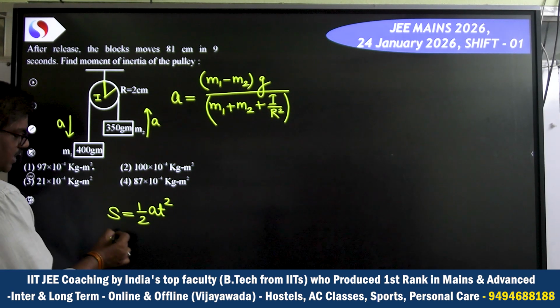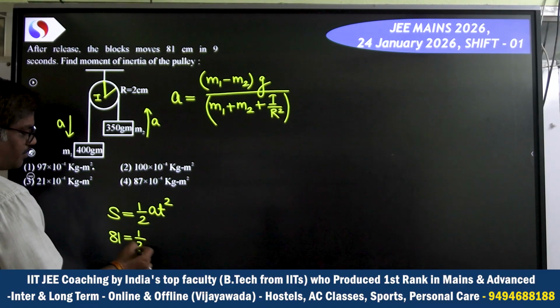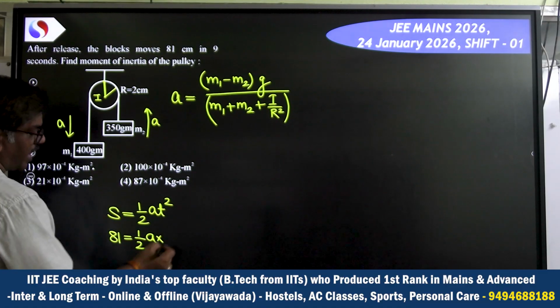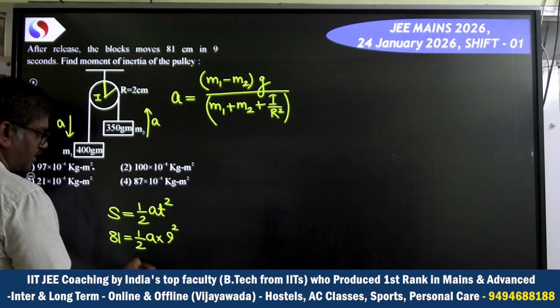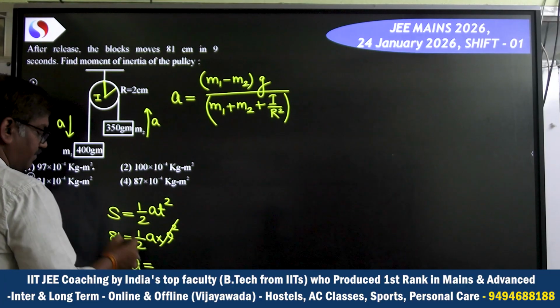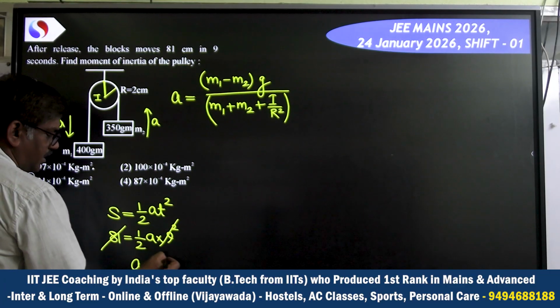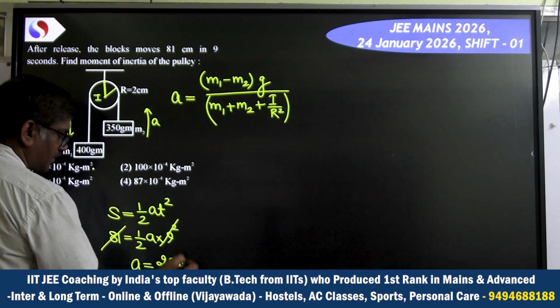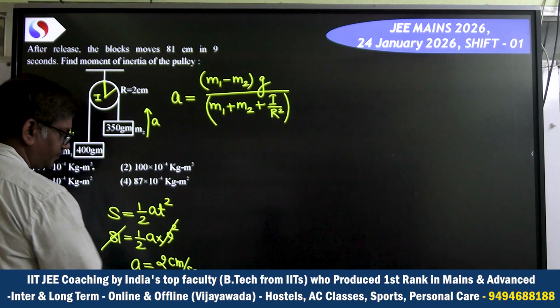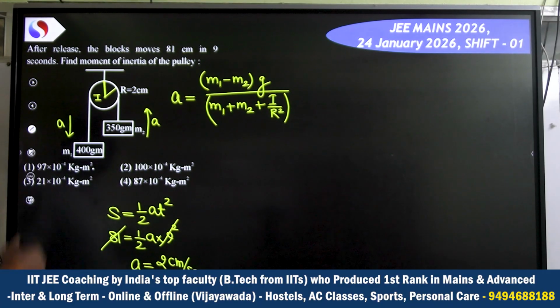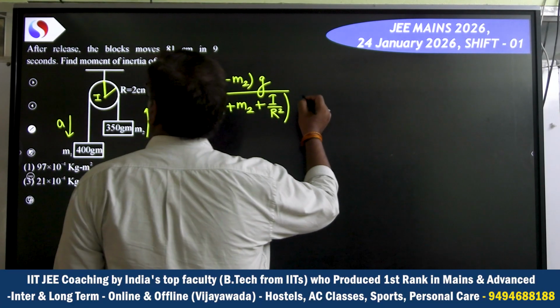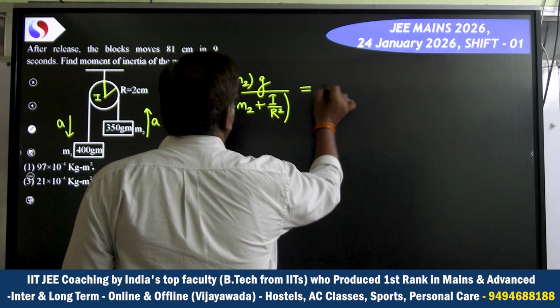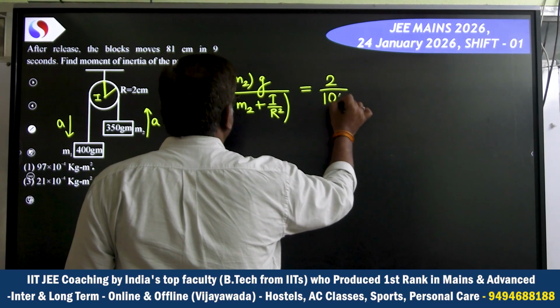So that means this is 81, which is half into a into 9 square. That means what is a? a becomes 81 cancel, it becomes 2 centimeter per second. Alright, 2 centimeter per second. So now I am going to substitute these values. So it is 2 by 100 meter per second square.